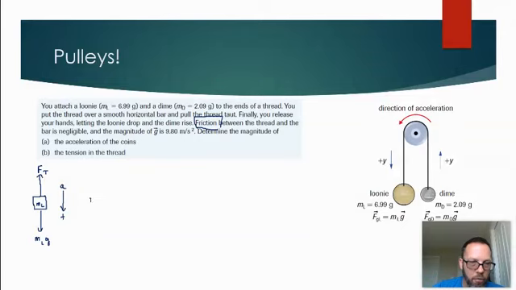I think I'll just do side by side. So those are two separate diagrams here. We have the mass of the dime, so that should be mass of the dime times G. And we also have this tension force acting up.